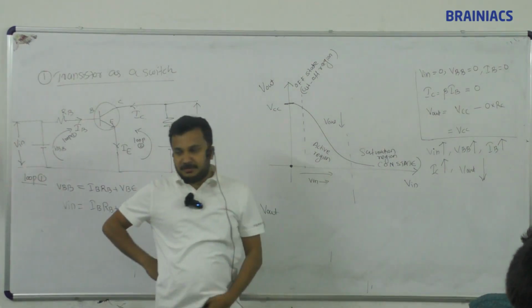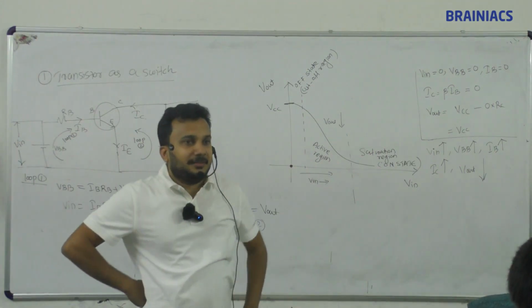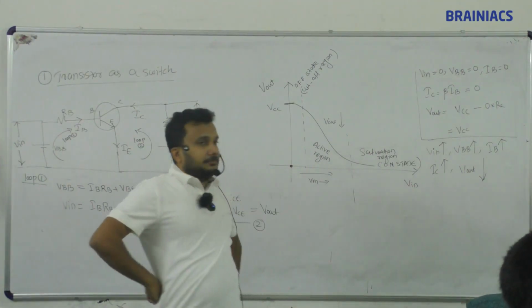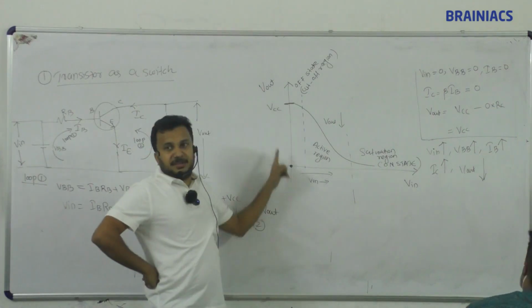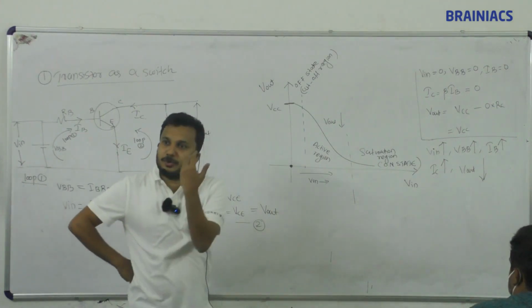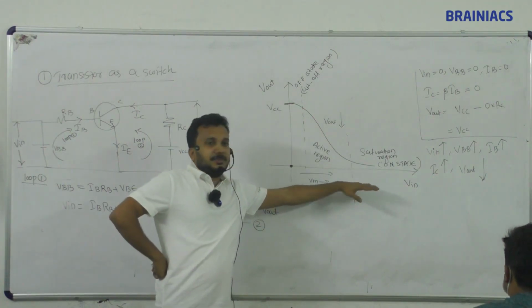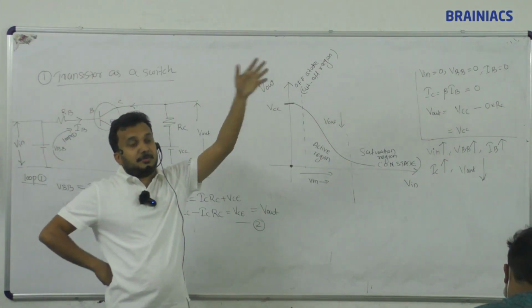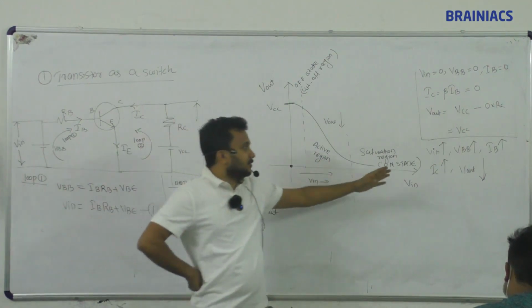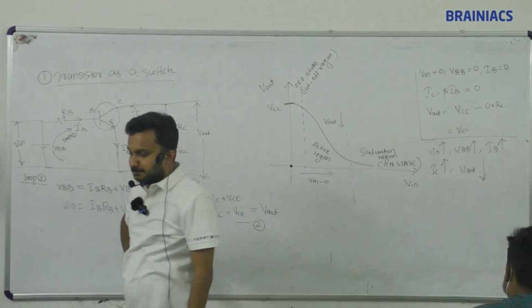This is very important. This graph is very, very important. At the top side, V in 0 means the transistor is off. Then the transistor turns on. So maximum V in gives maximum IB. Maximum IB is the maximum limit, and that is called the on state.